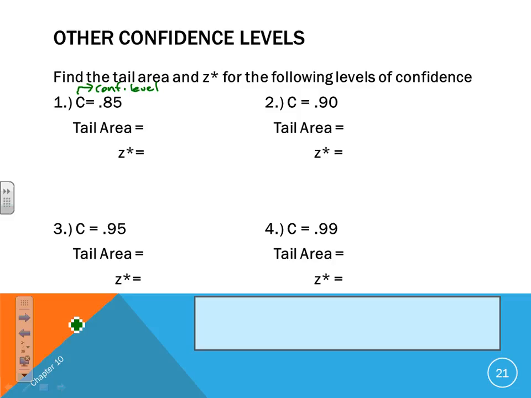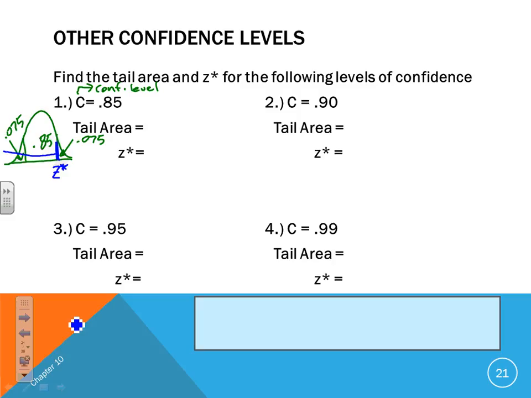Now, I'll draw a quick example of what's going on. Basically, we have 0.85 in the middle, leaving 15% overall left over, which puts 0.075 in each of the two tails. If you remember the diagram that we showed on the previous slide, the z star value exists here.